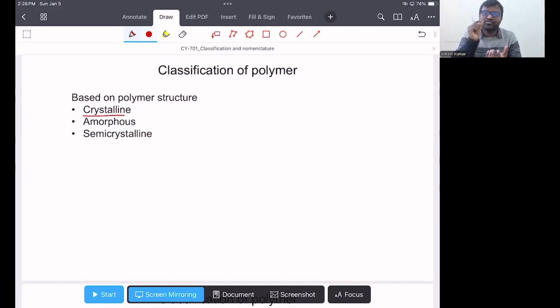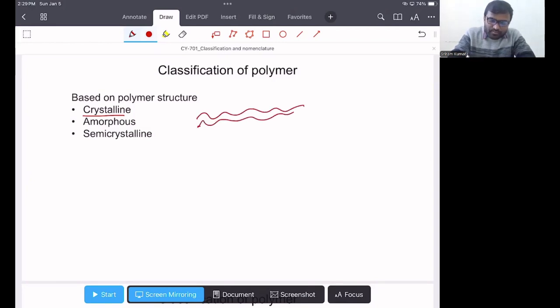That means the orientation and position of atoms is fixed in the crystalline structures. Take the example of FCC, BCC, right? Similarly, in the crystalline polymers, you have the long chain of the polymers.